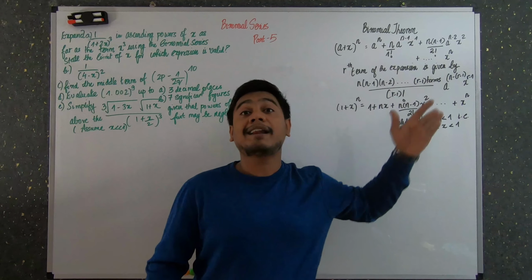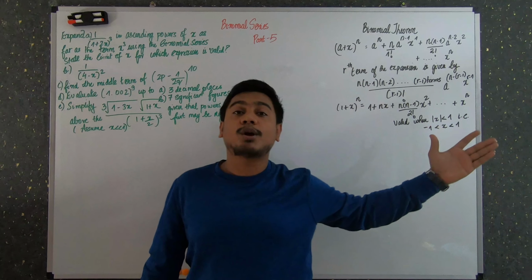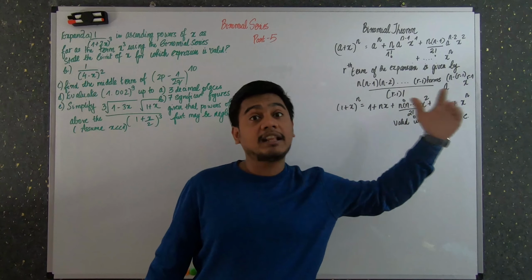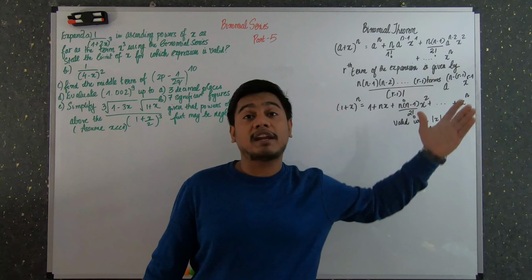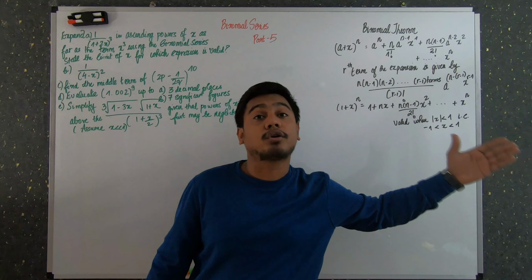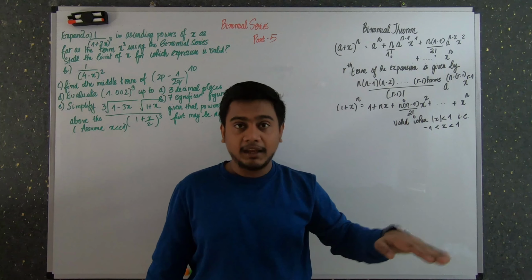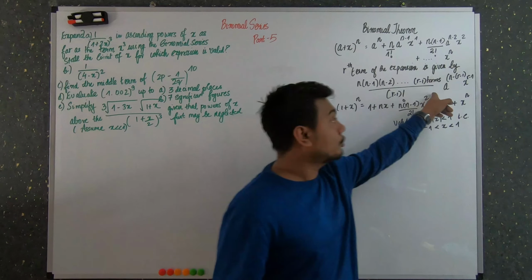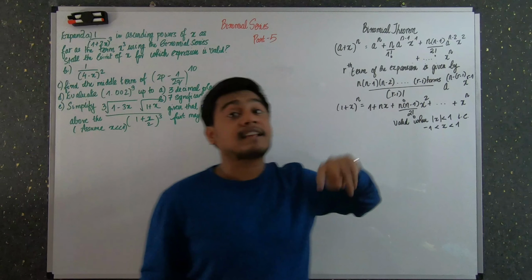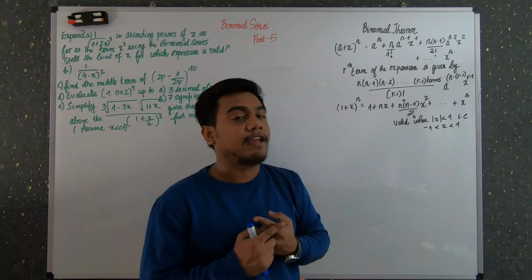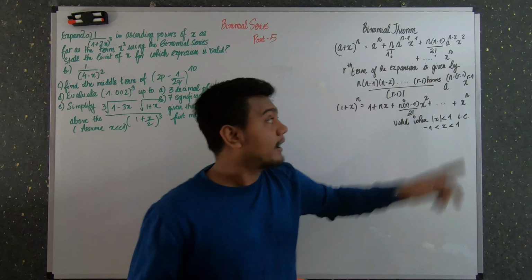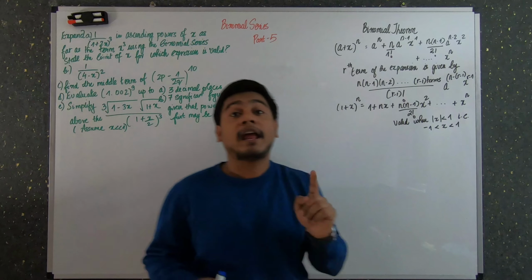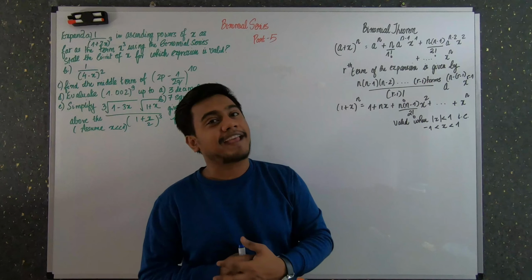You have to write till r-1 terms: 10 into 9 into 8 into 7 into 6 into 5 into 4 into 3 into 2 by 9 factorial, into a raised to 10 minus (r-1), so the value of a becomes a raised to 1, and x raised to r-1, that is x raised to 9.